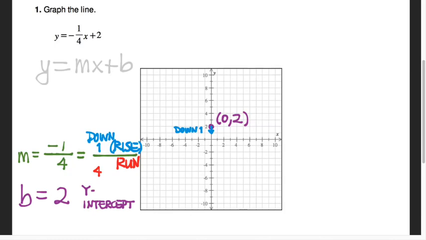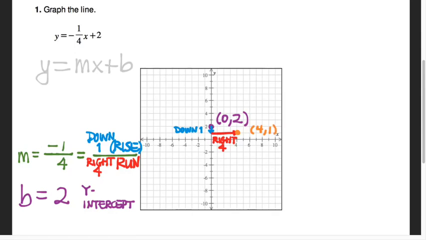Which direction is that 4 going to be? Up, down, left, right. Right. It's a run, so it's a horizontal direction, and it's a positive 4. That means it's a rightward direction. So as y decreases by 1, x increases by 4. And once I do both of those things, that gives me a second point on the line, right here. And in case we're interested, the coordinates of that point would be 4, 1.